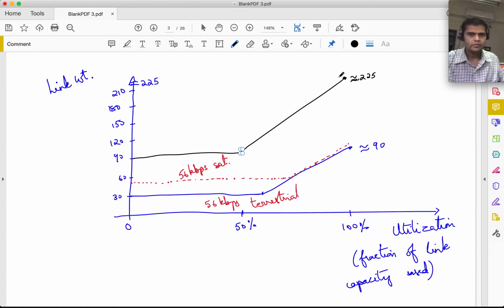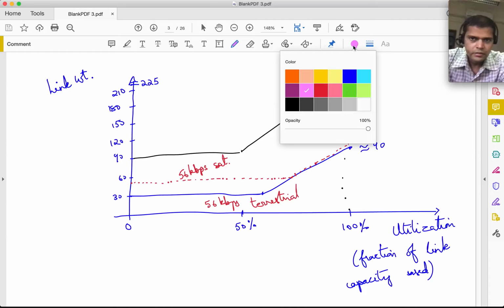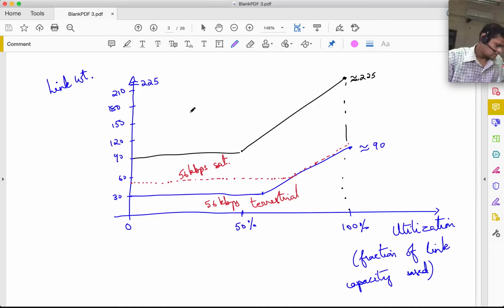So this is roughly 225 is the link weight at 100% utilization, and the 9.6 kbps satellite link would have of course a higher link weight, around 140. This is satellite and this is 9.6 kbps terrestrial.